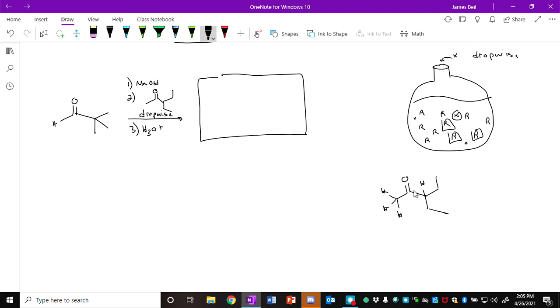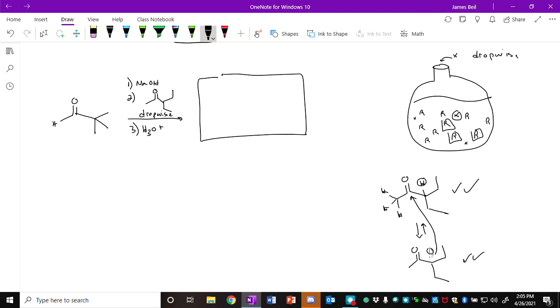So whichever alpha proton is removed, let's just say we remove this one and convert that into an enolate by adding a base. Well, if that happens in an equilibrium and there's lots of molecules around, I'll have lots of these around and lots of these around, and there'll be a decent chance that this comes in and attacks here.